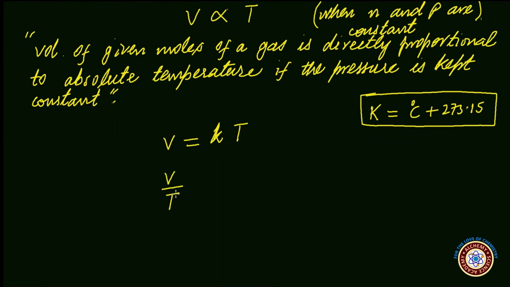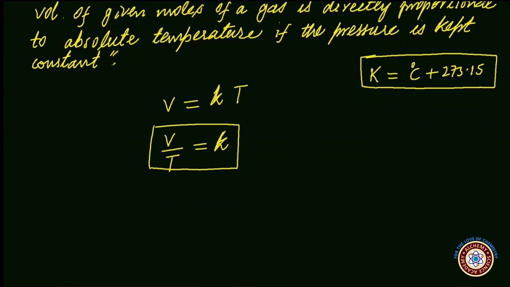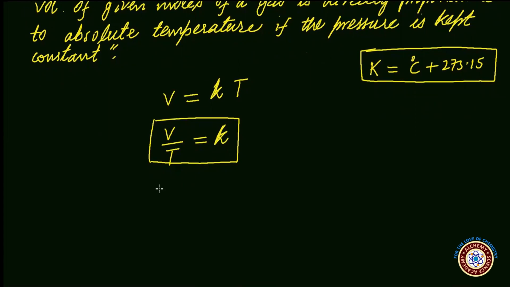On further rearranging, we get the ratio V upon T is equal to K. This equation gives another statement of Charles' law: the ratio of volume of gas to its absolute temperature is always a constant quantity provided the pressure is kept constant.